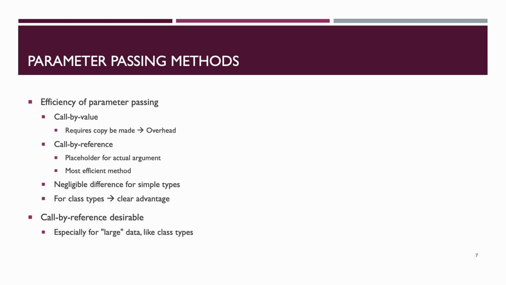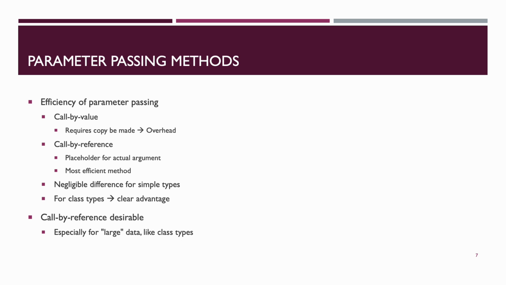So if we look at these two methods, there are some negligible differences. For simple types, such as integers or characters, the performance difference between call by value and call by reference is usually negligible. The overhead of copying small amounts of data is minimal.